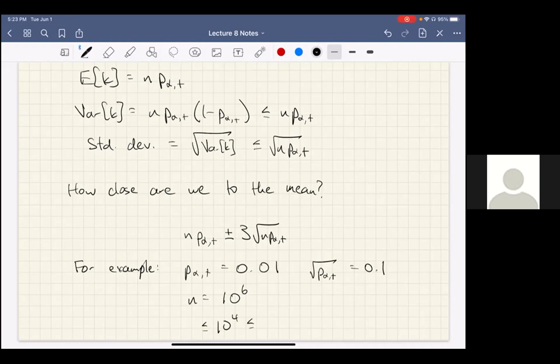And within 3 standard deviations of that, the square root of 10 to the 6th is 10 to the 3rd, times the square root of p alpha t, 0.1, so that will be plus or minus 300. So the number inside the region will be between 9,700, which is minus 300, and 10,300, like 99% of the time.